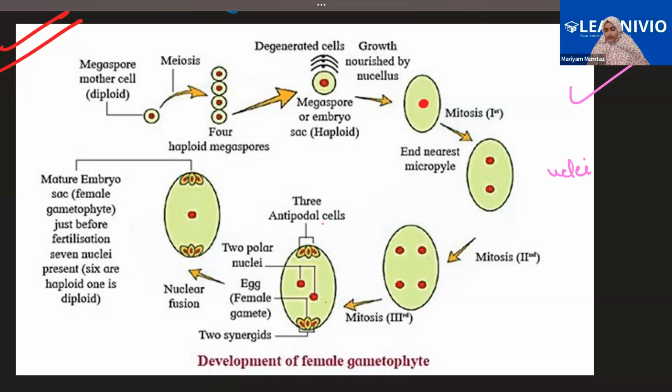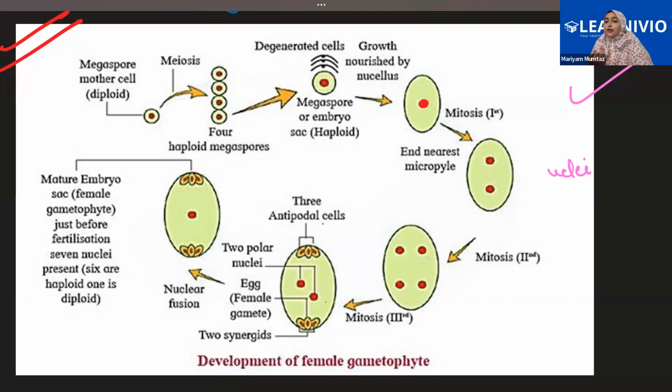No. See, whenever we say haploid or diploid, it is with respect to the number of chromosomes, the number of sets of chromosomes. Do you know how many chromosomes we human beings have? 23 pairs. So we have 46 chromosomes in total.